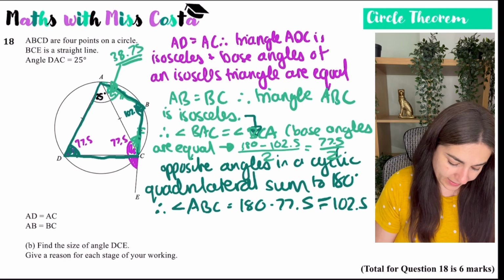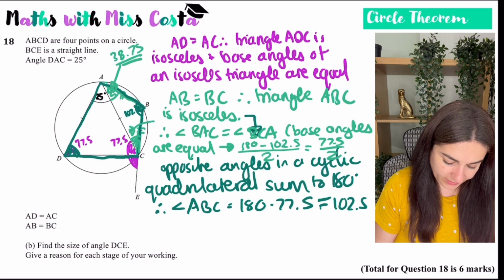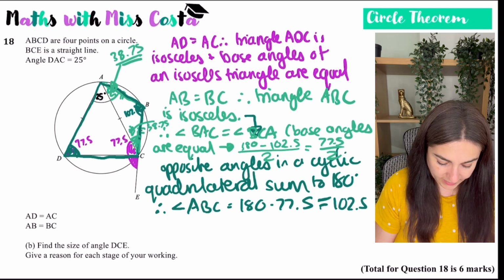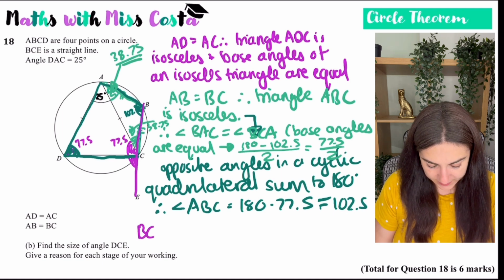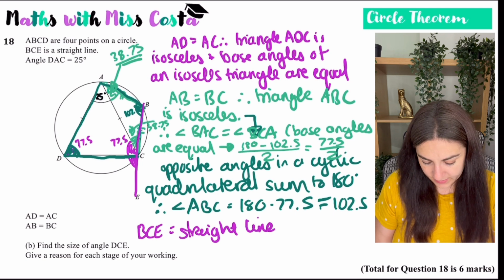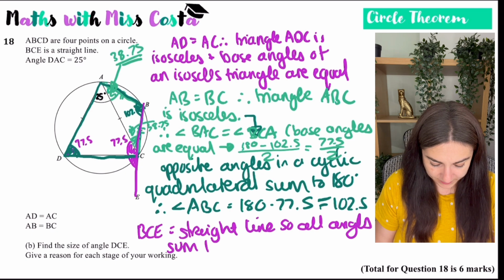Okay, so now I have essentially all the angles I need, because the last part is that this BCE equals straight line. So all angles sum to 180.